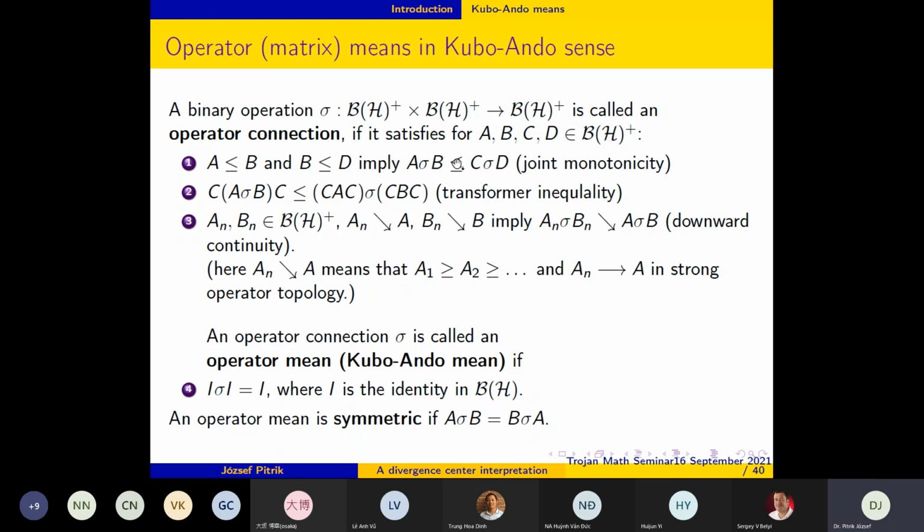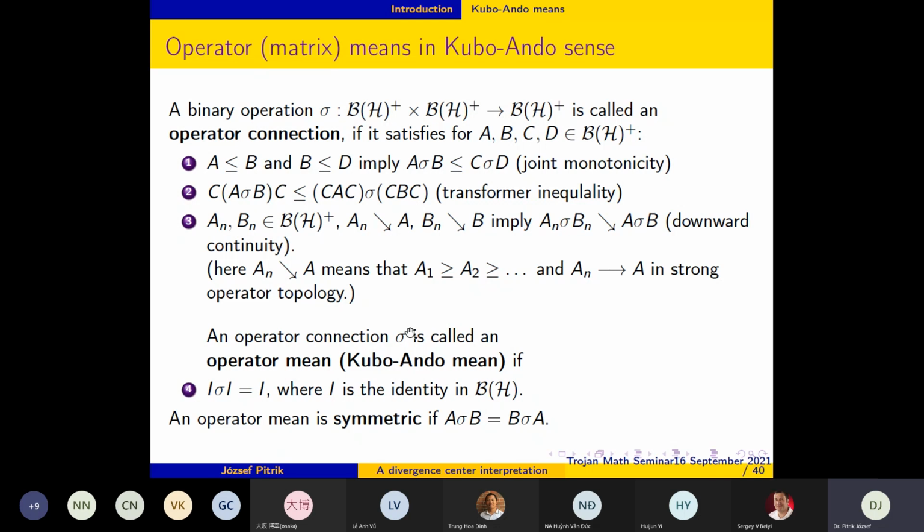The first one is the so-called joint monotonicity. The second one is the transformer inequality. And this is the upper semi-continuity, where this arrow means that A_n tends to A from above in the strong operator topology.